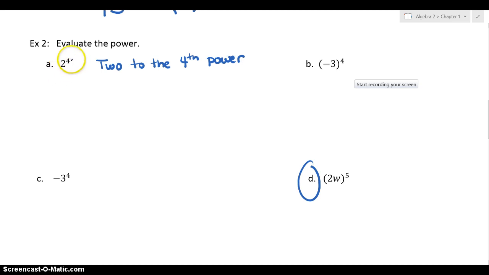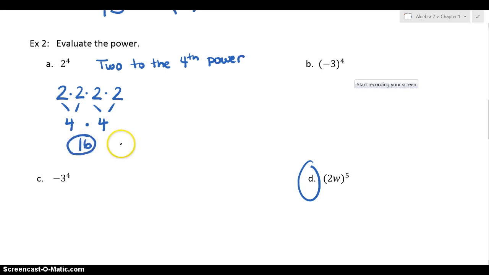Well, we know that 2 to the fourth power means there's 4 twos. So here it is, 2 times 2 times 2 times 2. We do know that 2 times 2 is 4. Same, 2 times 2 is 4. And 4 times 4 is 16. So that means 2 to the fourth power is equal to 16.